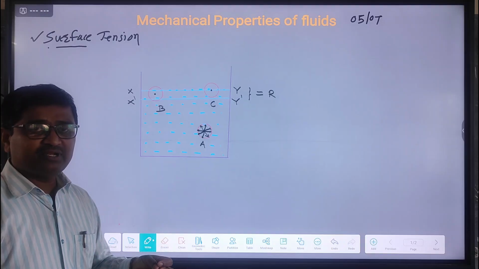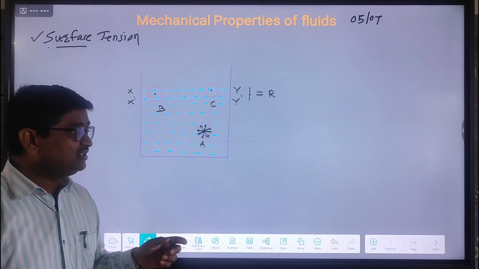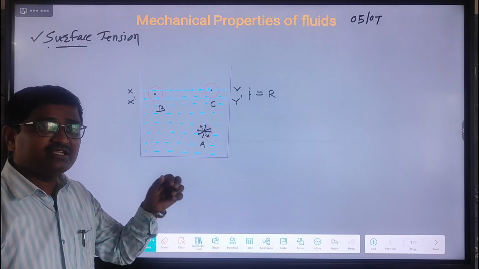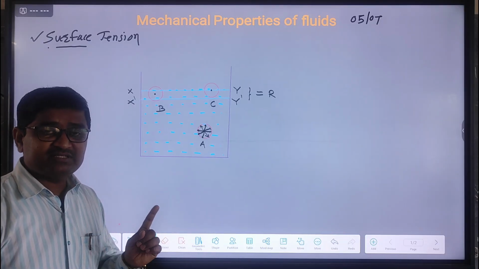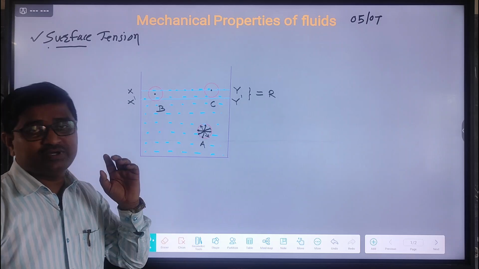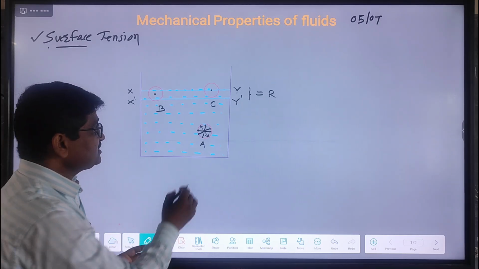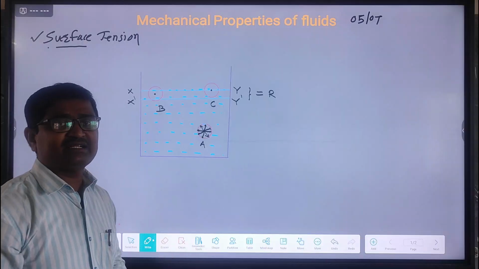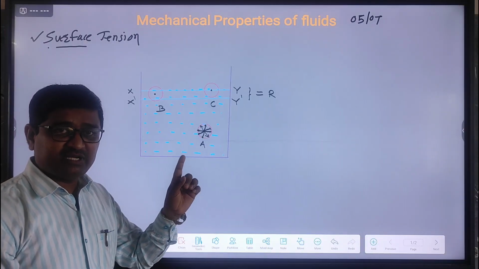So molecule A experiences a net resultant downward cohesive force, and because of this, molecule A is well inside the liquid. Because everywhere only liquid particles are present, it experiences the cohesive force, and that's why it dips into the liquid.